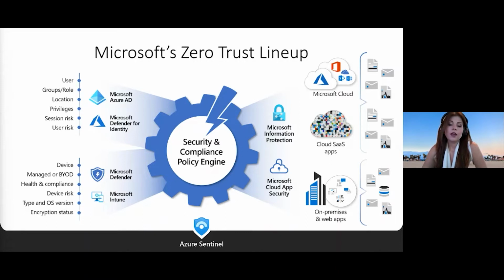So now you can have a complete view across your estate. You have visibility of everything that's going on. You can have machine learning point out to you when there is unusual behavior, and even automatically remediate potential security threats. So this lineup is the most comprehensive in the industry, and it can really help you advance as you move towards this new zero trust architecture.